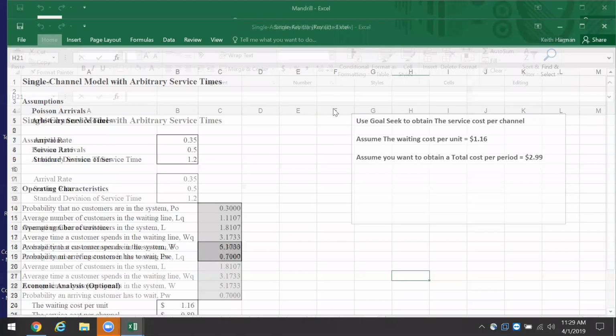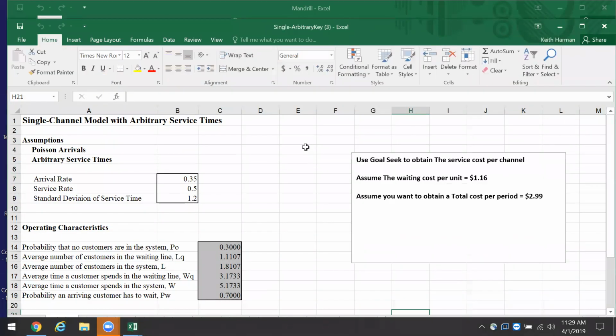In this case, we have what we call a single channel model with arbitrary service times. What does that mean? Well, what it simply means is this. Let's say that I have an ATM, and I don't have any other ATMs around.